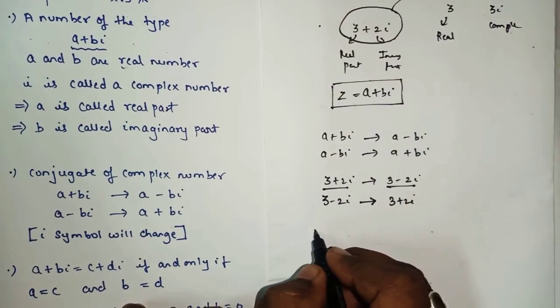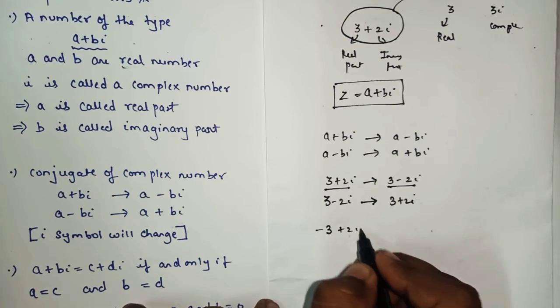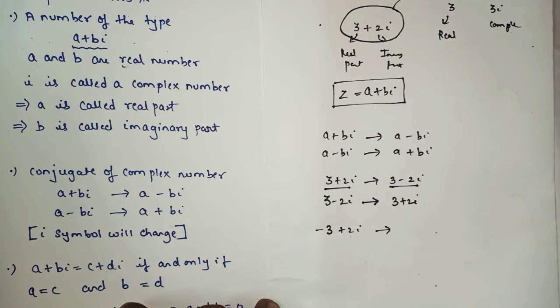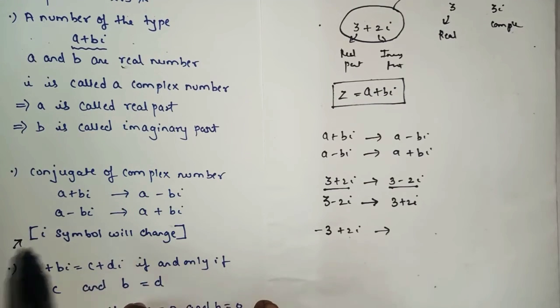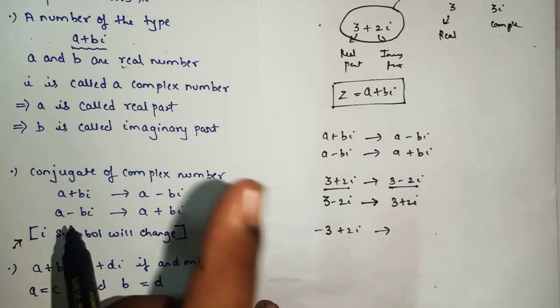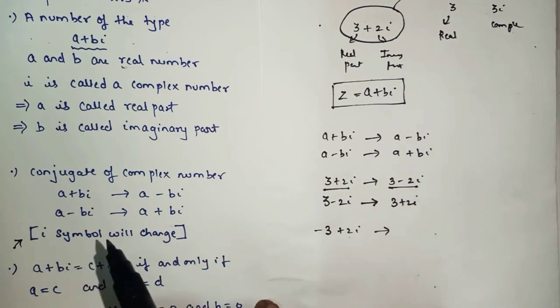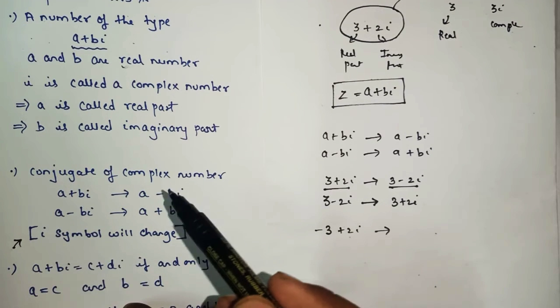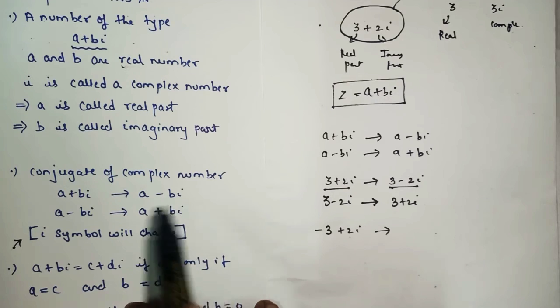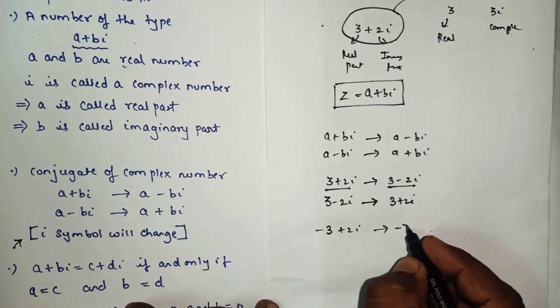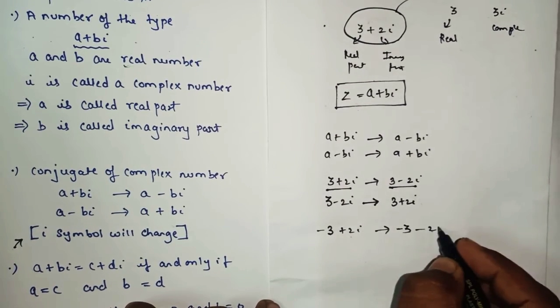Suppose I say minus 3 plus 2i. Just note down, the symbol of the imaginary part will change, not the a part. So the answer will be minus 3 stays the same, and plus becomes minus.